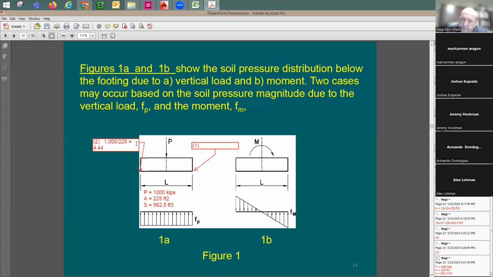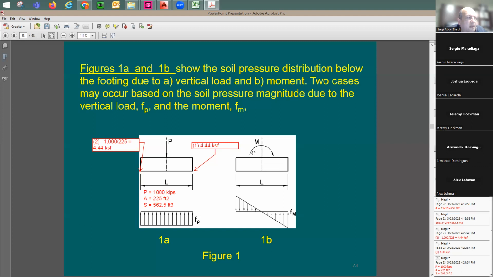Kip per feet squared. Okay, good stuff. Very good. How about this point 0.1 on this side? Is it the same pressure or is it going to be different, just coming from the vertical load? It would be the same, right? It's going to be the same.